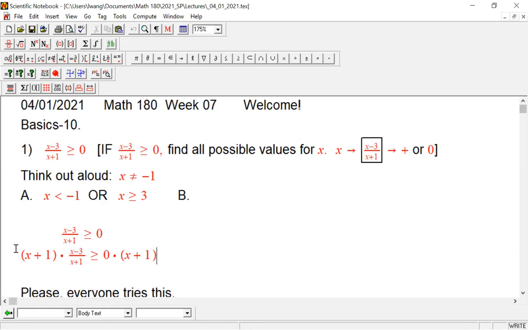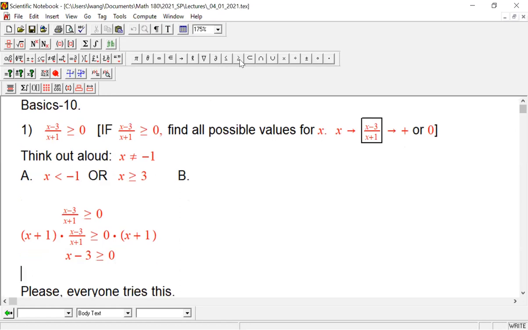Are you crossing out the x plus 1? And then what? What's the next step? Do you get x minus 3 larger than or equal to 0? Is that what you're getting?